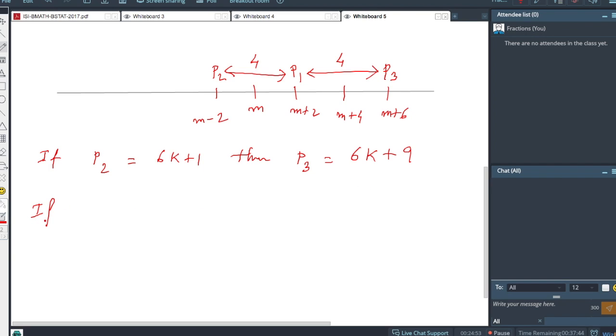And if P2 is of the form 6k minus 1, then P1 is of the form 6k plus 3, again which is not a prime.